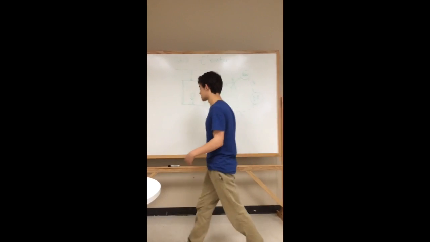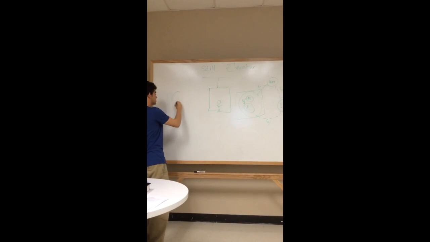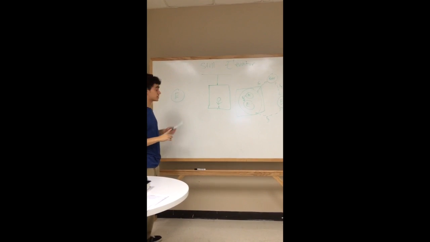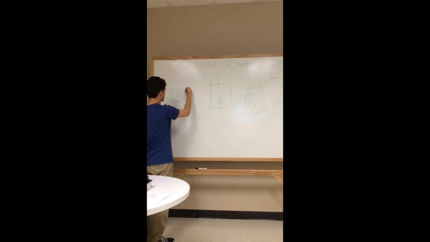Then you want to break it up into individual components. So we'll start off with the elevator. When you break it up into components, you only do what's touching that component. So with the elevator, you include all of that. So you have E for elevator, boxed. It's going to have a normal force on the man.